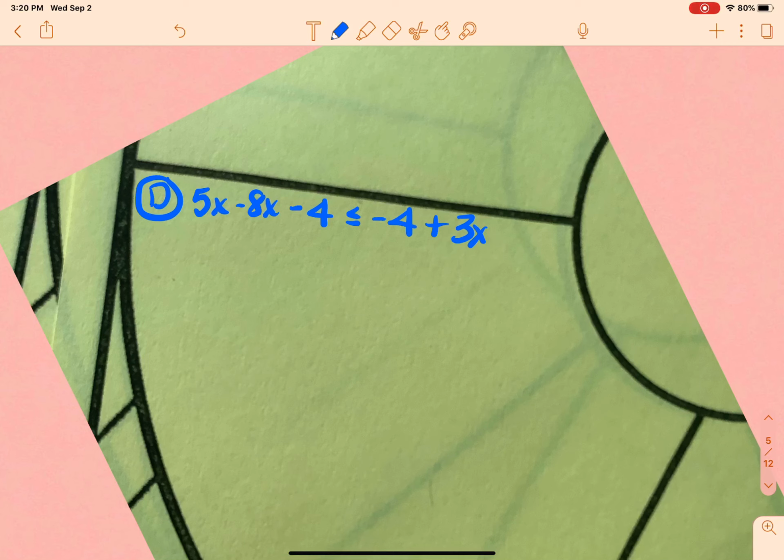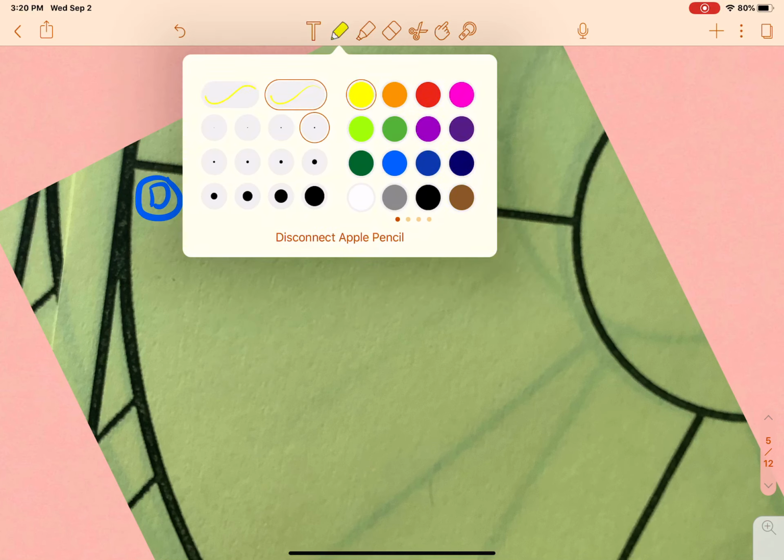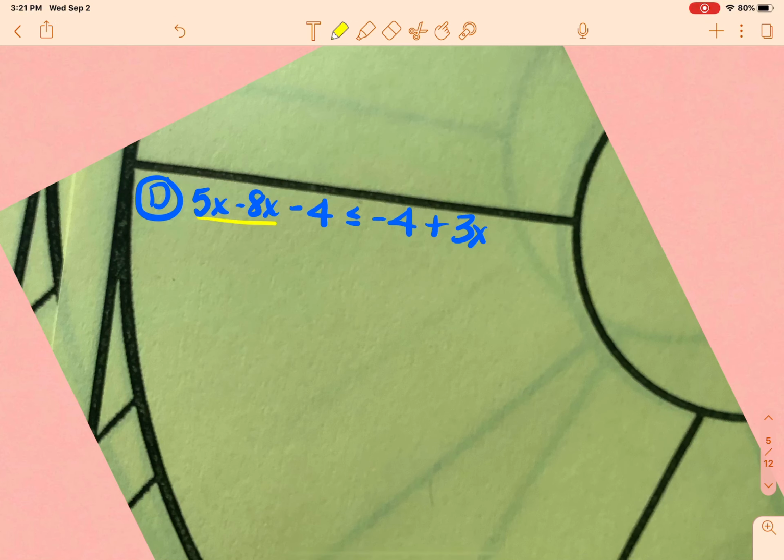So now, good news, no parentheses that I have to deal with. So I'm going to start trying to put some things together. So I have these two that are alike. So positive 5x minus 8x is negative 3x. And I'm going to bring everything down.